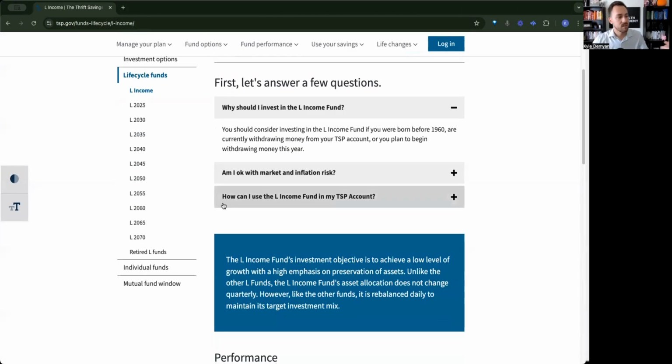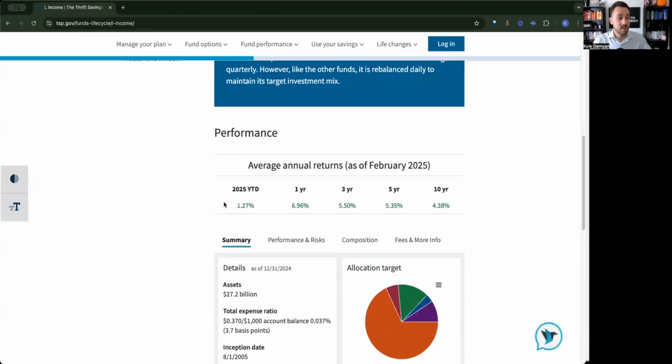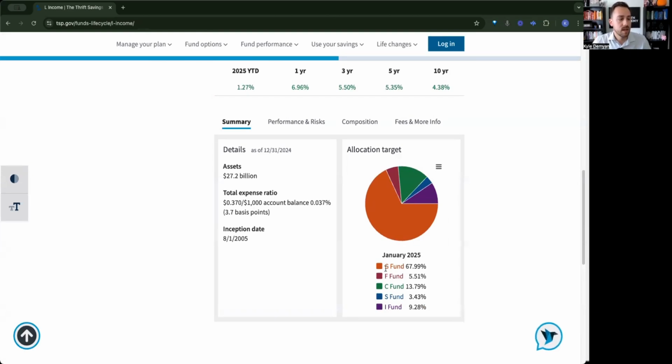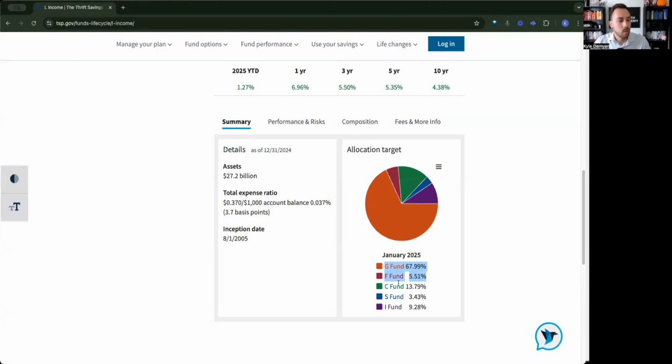L Income fund is the last one. This is designed if you're taking income off of your portfolio, off of your TSP. And you can see right now they have it allocated to about 73, 74% on the safer side, while they keep the remaining, about 25 to 27%, in the stock market for some upside growth potential for you.